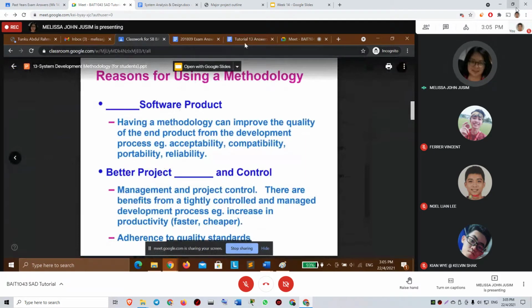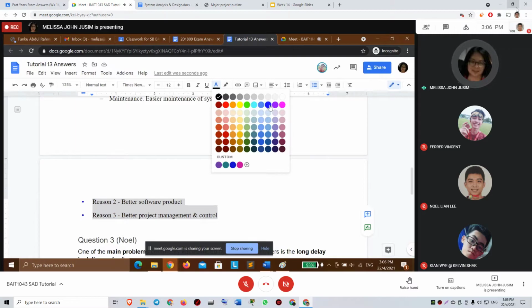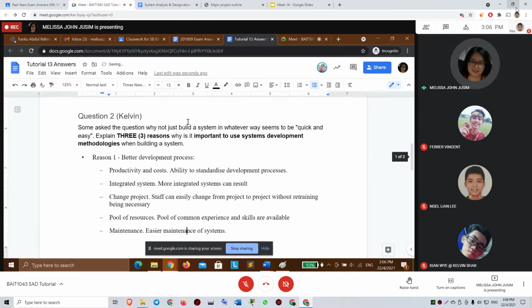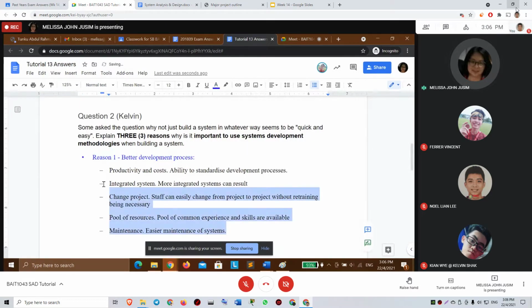Better project management and control. Better project management and control. Okay. So you need to explain based on this. These are the three main reasons. So your answer is under this one reason, Kelvin.